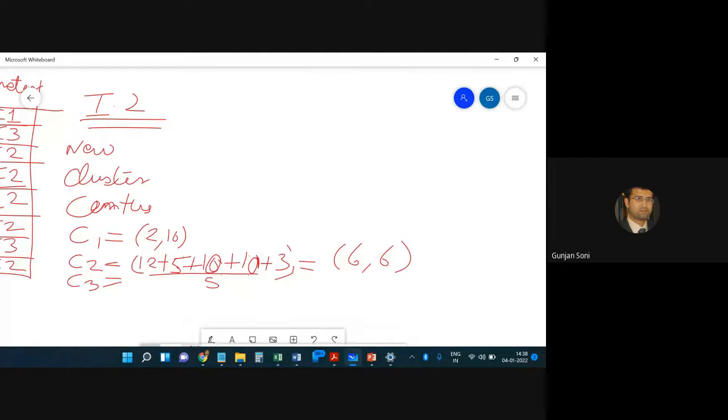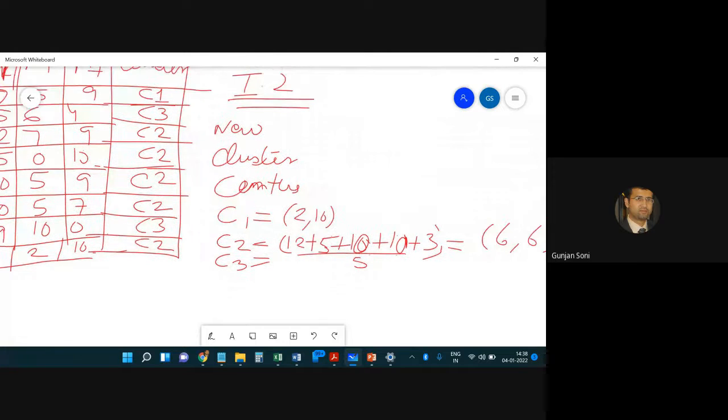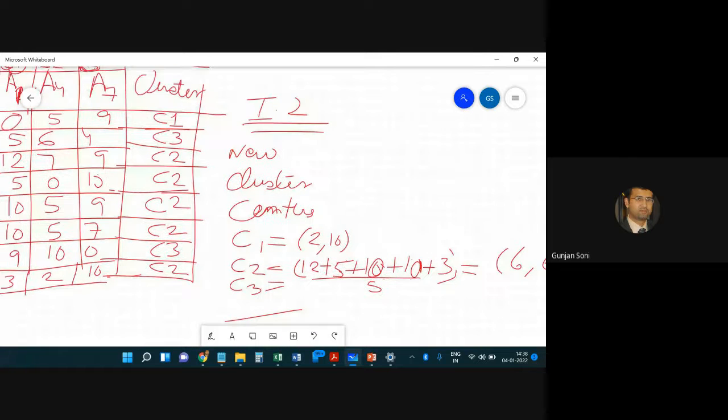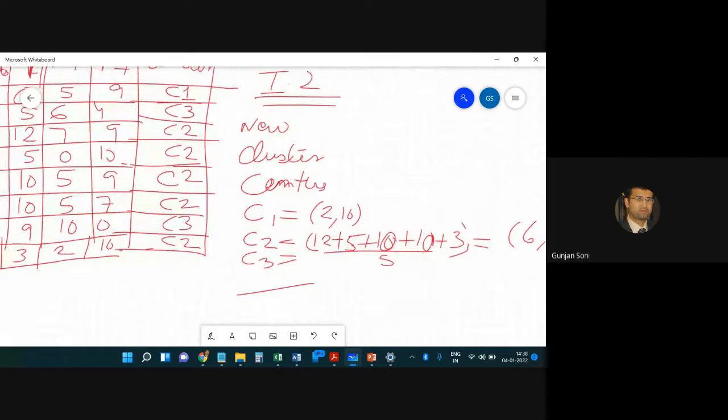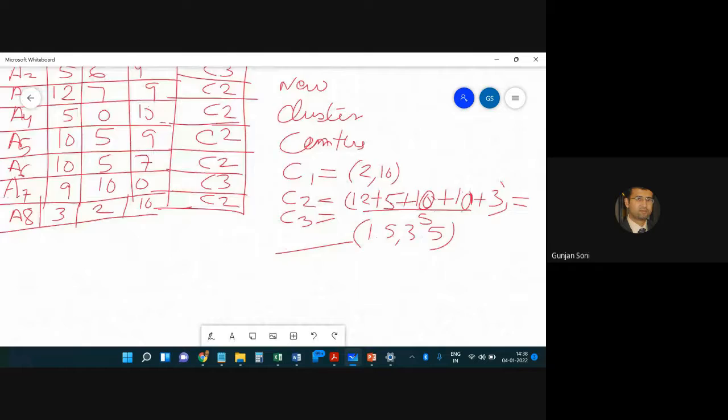And for C3, can you tell me the value of the cluster center for C3? C3 will be 1.5 and 3.5. Okay, so C1 we get it over here.